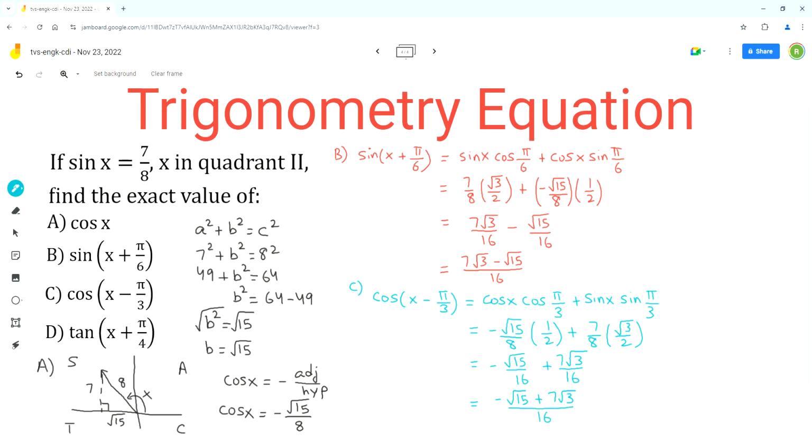We can rearrange the terms. So this should be the final answer for part C.